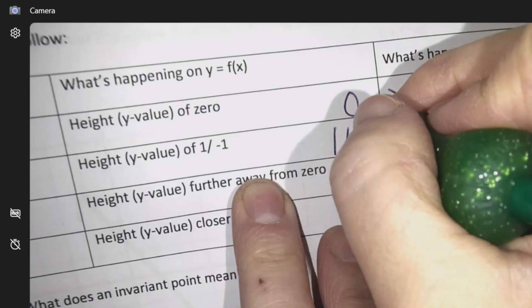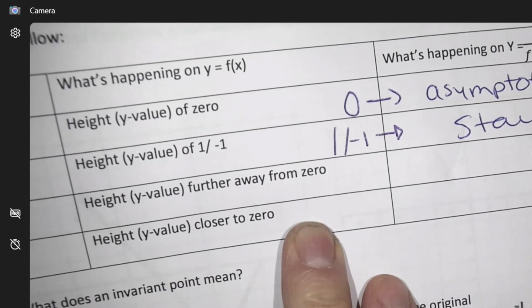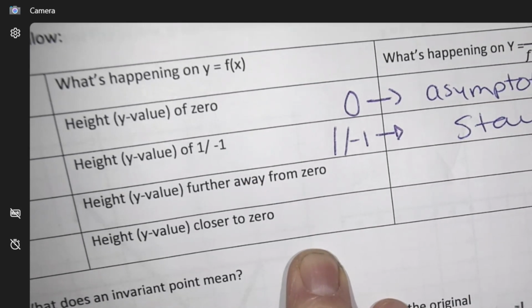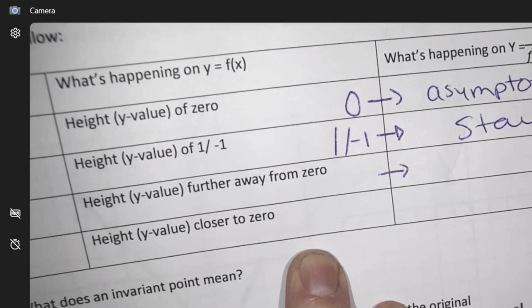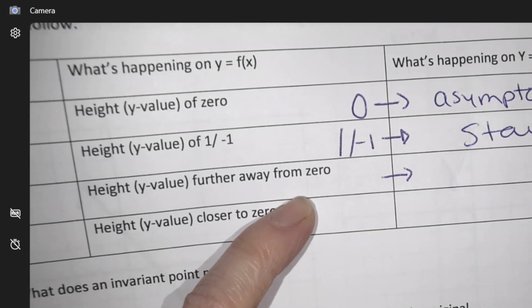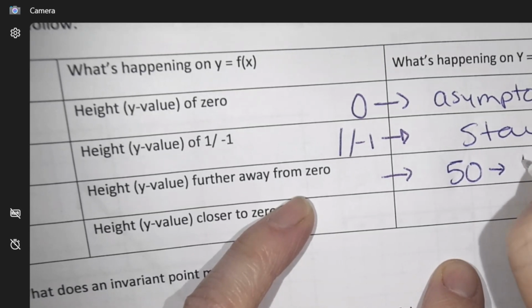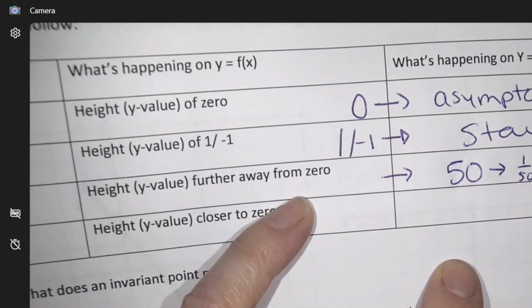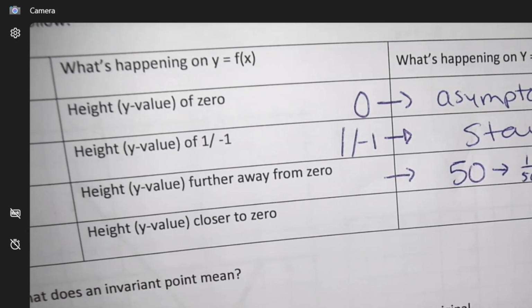If you ever have a height of 1 or negative 1, it's going to stay. What happens if your height is far away from 0? Example 50. It would turn into close to 0. So if you're really high, away from 0, you go close to 0.